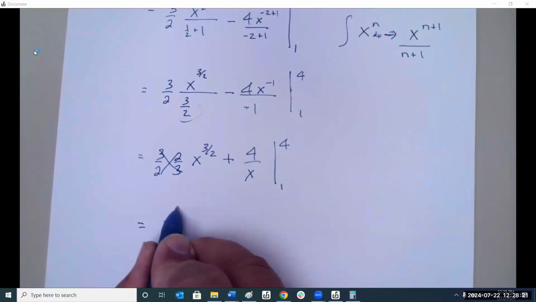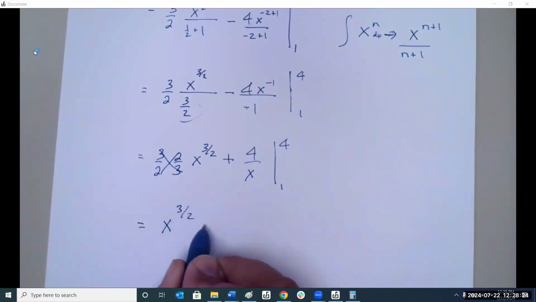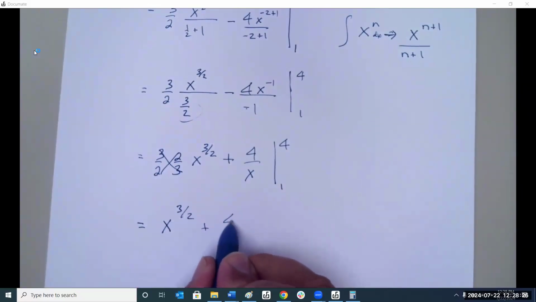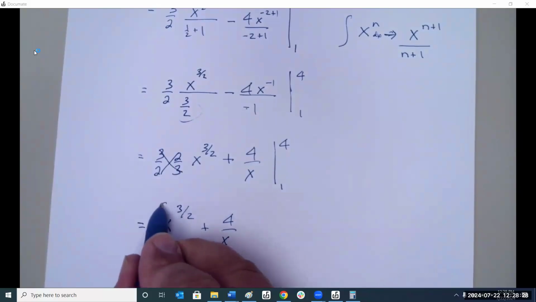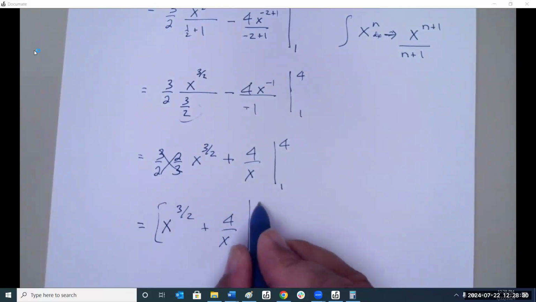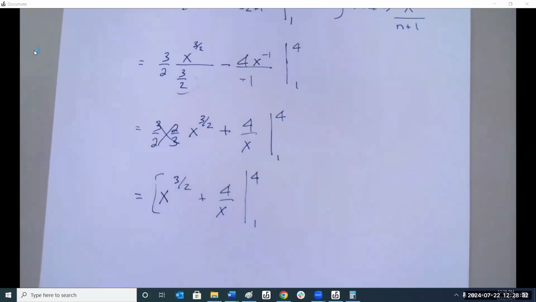This will be x to the power 3/2 plus 4/x from 1 to 4. Any questions about what I did so far?